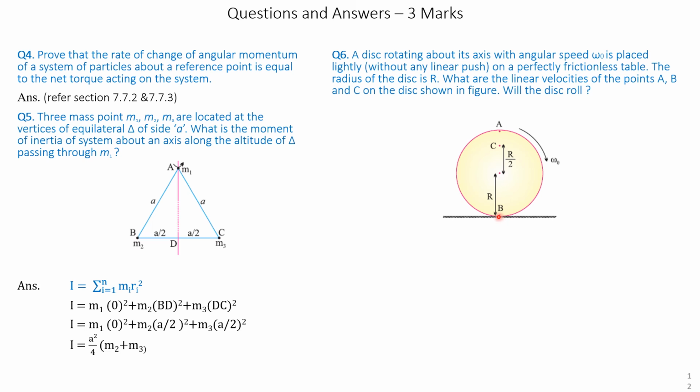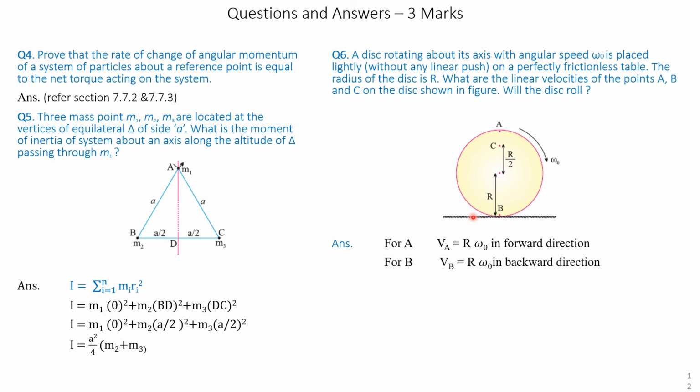The distance between the center and point B is capital R, and point C, between the center of mass and the center of the circle, is at R by 2, as shown in the figure. Therefore, at point A, VA is equal to R into omega naught in the forward direction. VB is equal to R into omega naught in the backward direction.